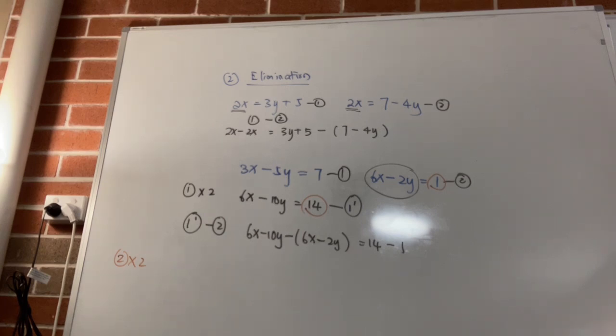Is that right? Okay, 3x over y 2, and then you have equation 2 times 2, give you that, and then you take 1 minus that. And you have negative 8x plus 4y, perfect, equals 2 minus 10.